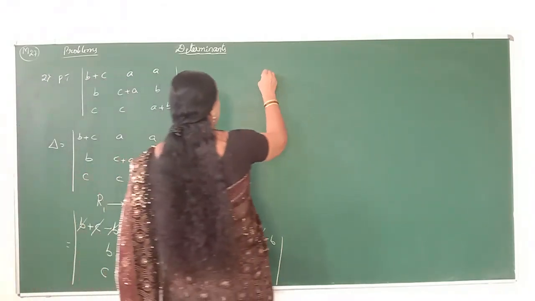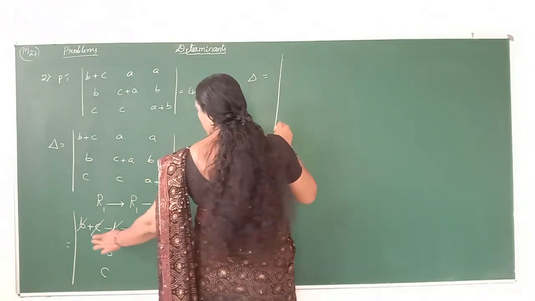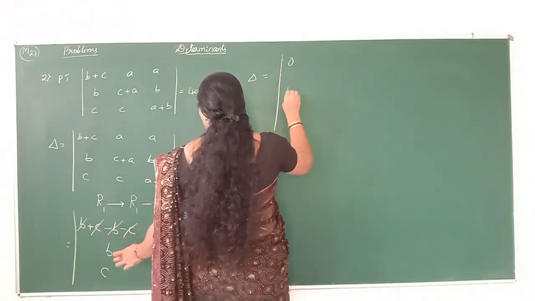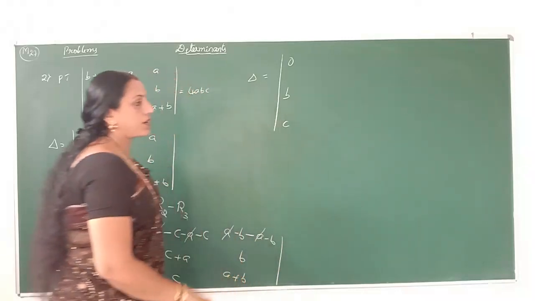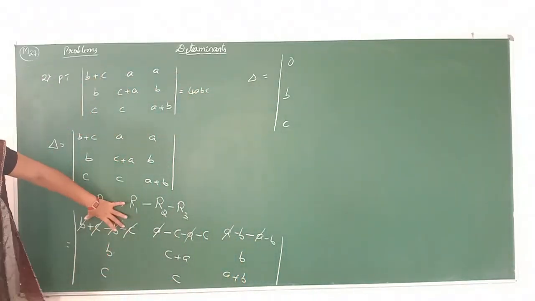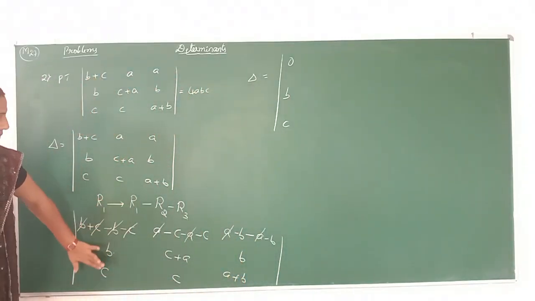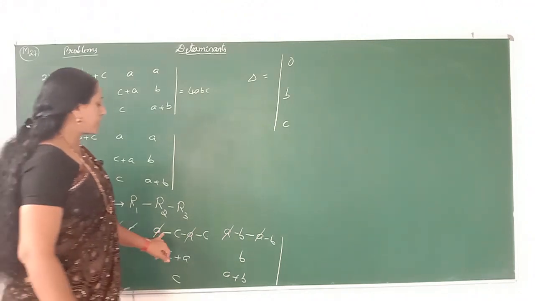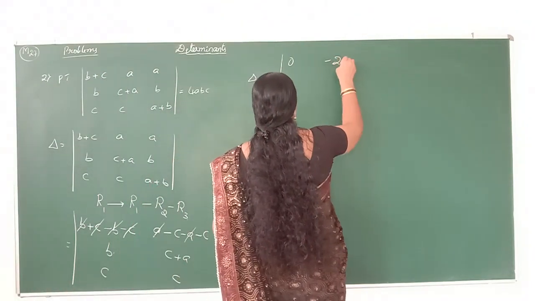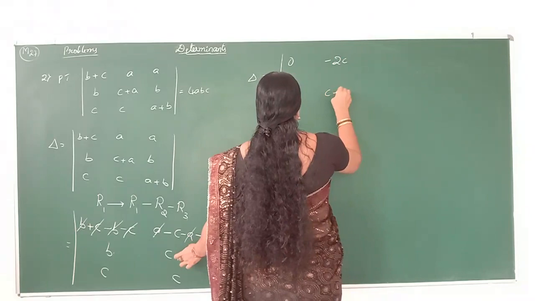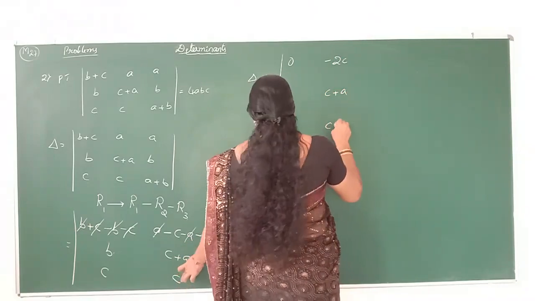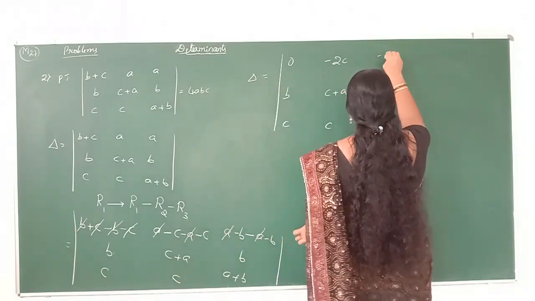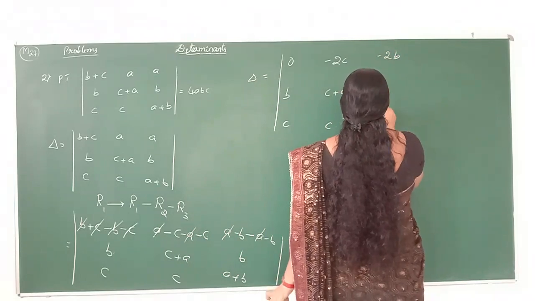Then the remaining elements of delta are, in the first column, 0, b, c. The first elements get cancelled, that is 0, b, c. In the second column, minus c, minus c is nothing but minus 2c, c plus a, c. And the third column is minus 2b, b, a plus b.